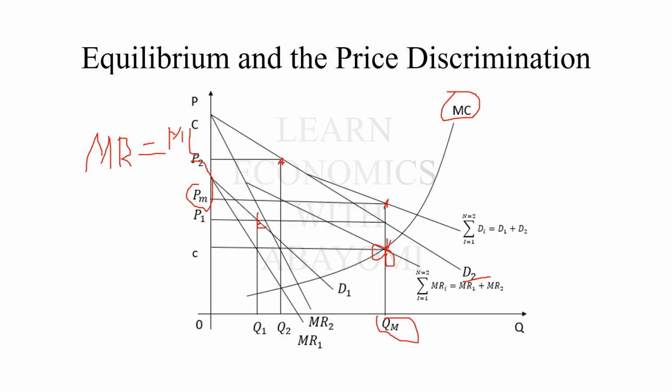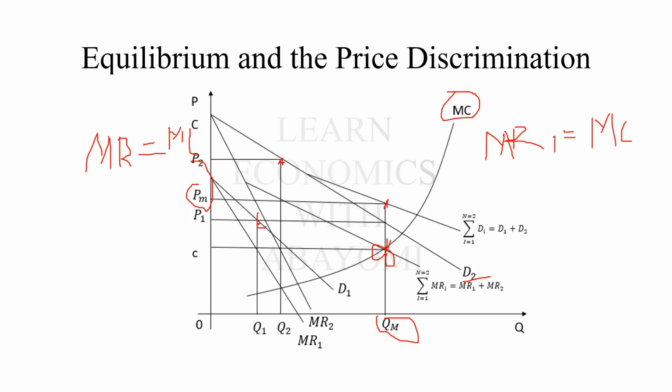So now, the equilibrium condition for price discrimination is when the MR of the first market is equal to our MC. Looking at this explanation, it can be observed that these two markets have the same cost of production. The reason is that we only have one product, and that one product is produced at a particular cost.